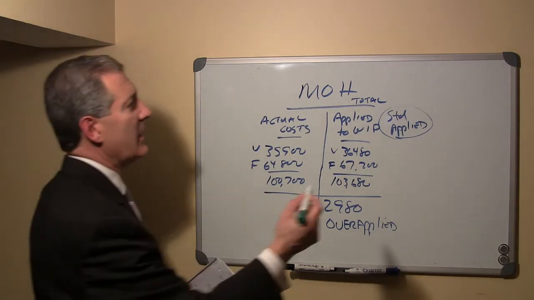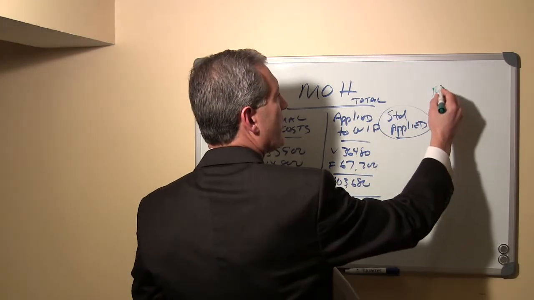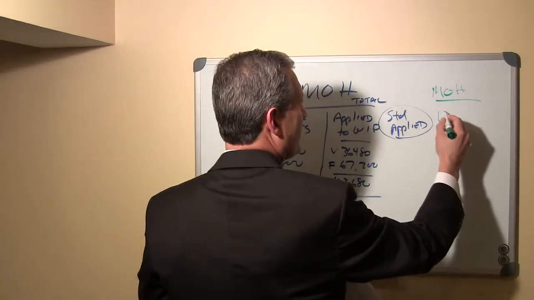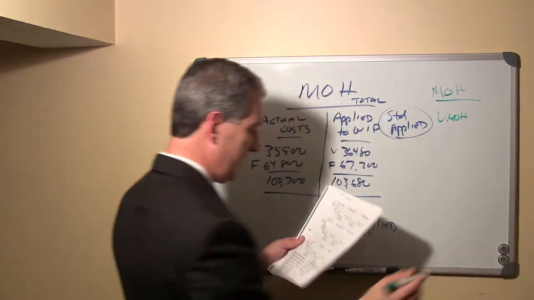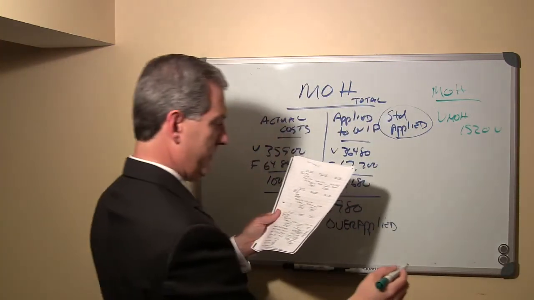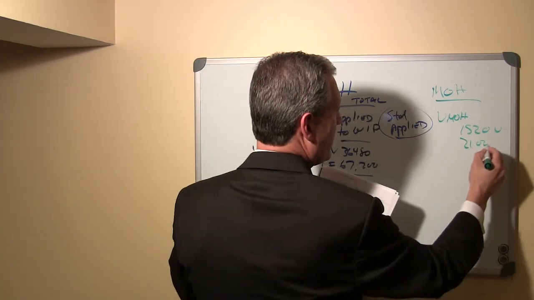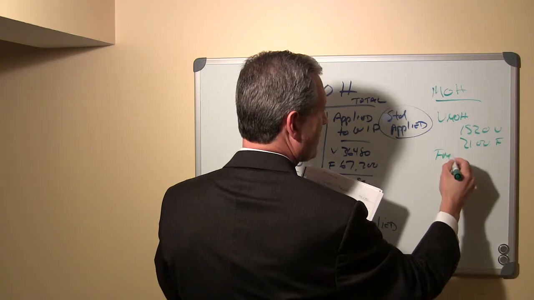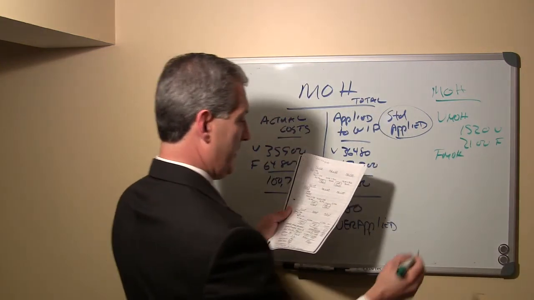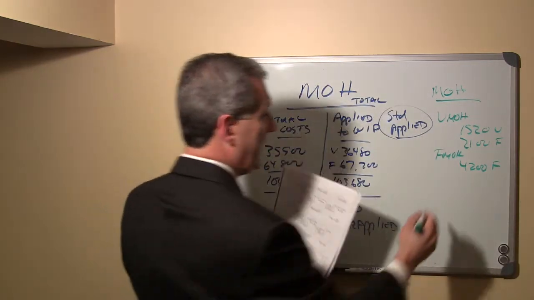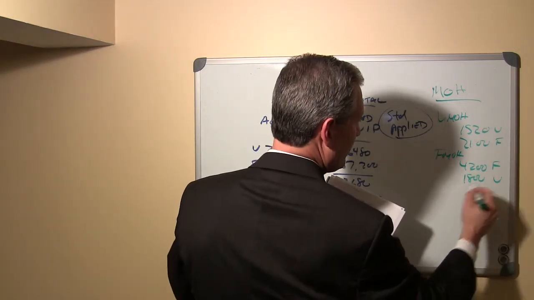The other thing that I asked you to do is you should be able to summarize all variances, and specifically you should be able to summarize your manufacturing overhead variances. You have variable manufacturing overhead variances of $1,520 unfavorable, $2,100 favorable, and you have your fixed manufacturing overhead variances of $4,200 favorable and $1,800 unfavorable.